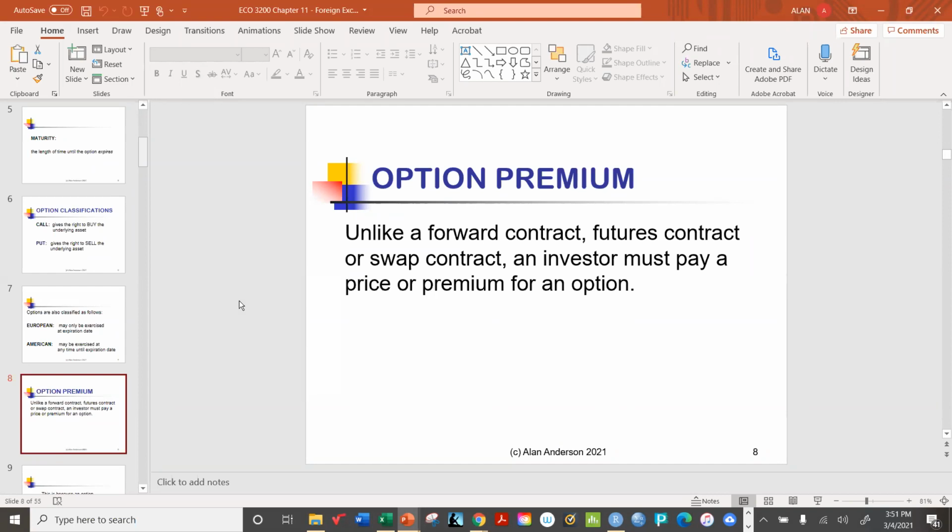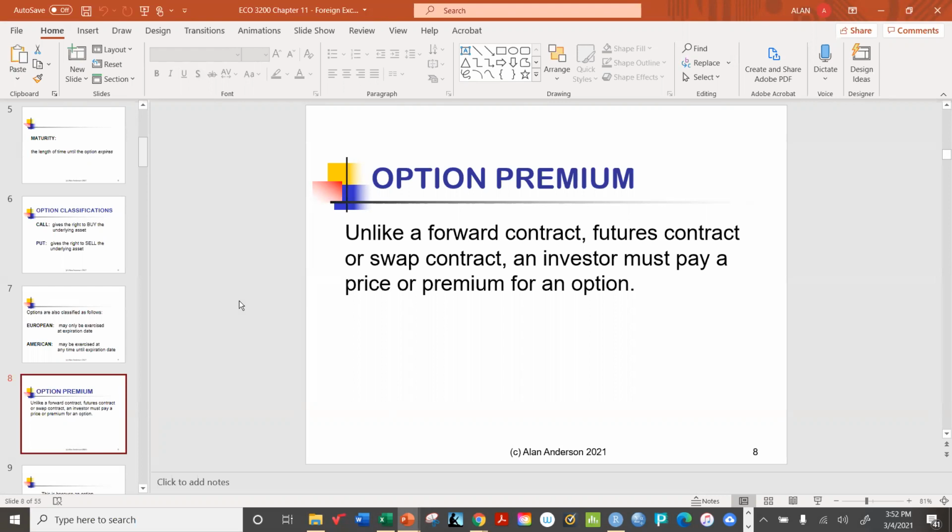So if I want to buy an option, unlike a forward contract, I have to pay a price to the counterparty. An option in a lot of ways is like a forward contract where you can change your mind. And the ability to change your mind is what we're paying for here. That's why we have to pay for these, because it's such a valuable right to give to somebody.